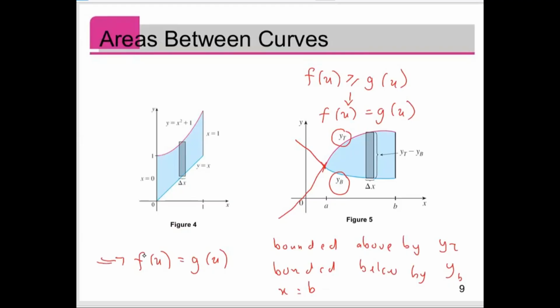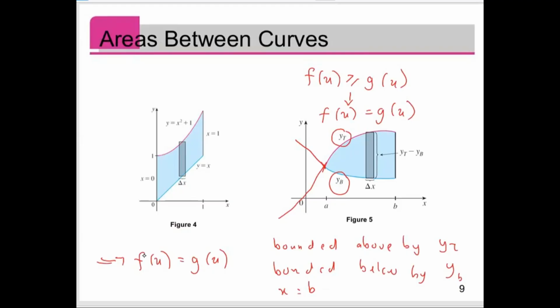You are going to get two values of X, so you have to determine which one is A and which one is B. And also one other possible case is that you are not going to be given the location of the curve, either above or below. You'll be given bounded by Y1, bounded by Y2, for example.